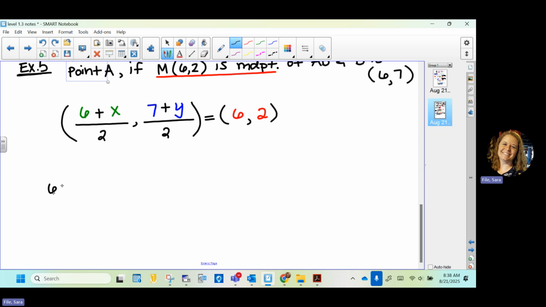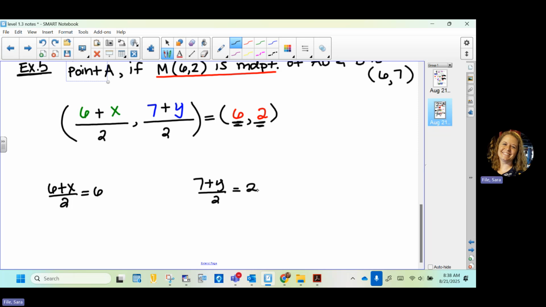So this 6 plus x divided by 2 is supposed to equal this 6 right here, right? Okay, and then my y's I'll do separately. 7 plus y divided by 2 is supposed to equal this 2 right here. Everybody agree? So I'm separately finding the x and the y of my missing endpoint.